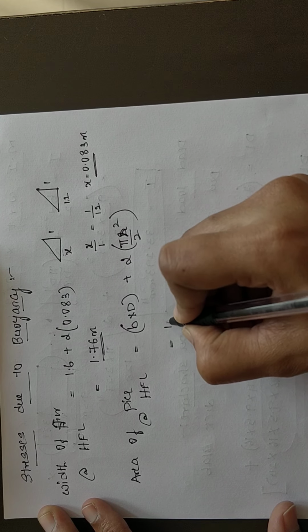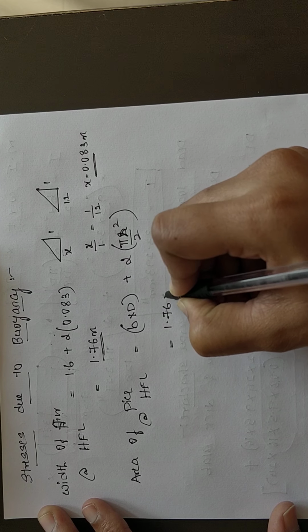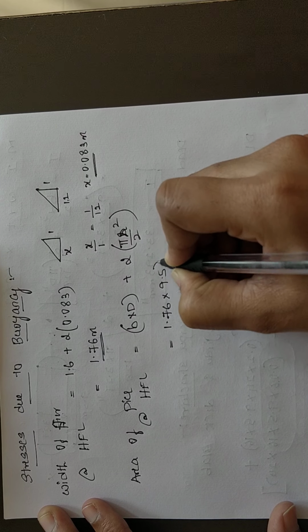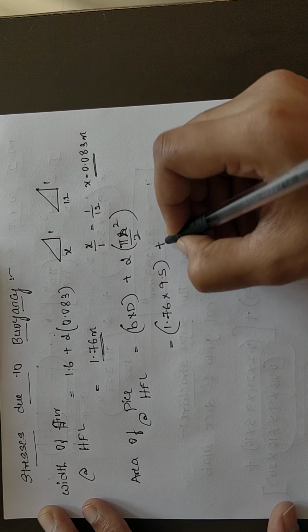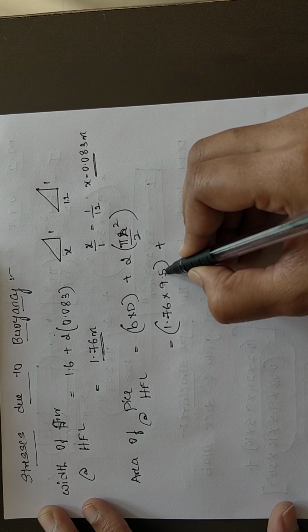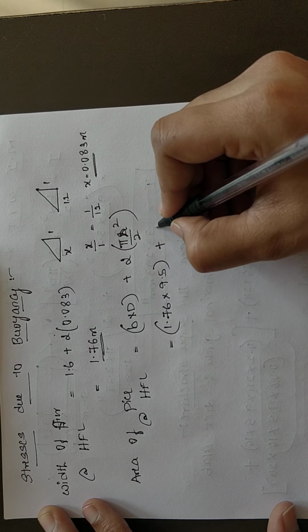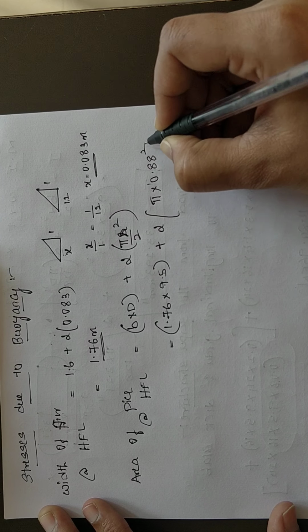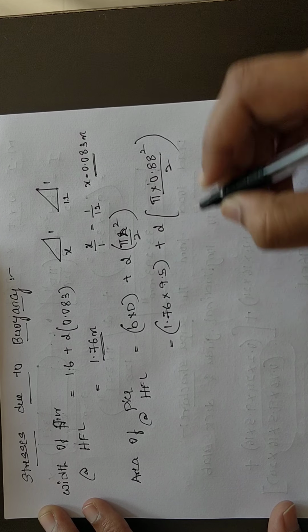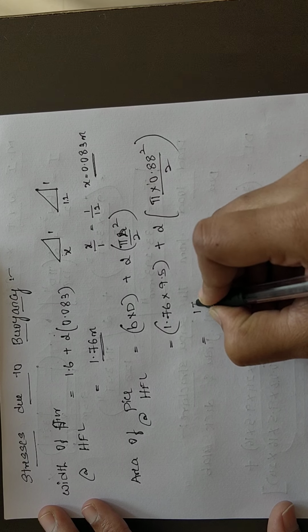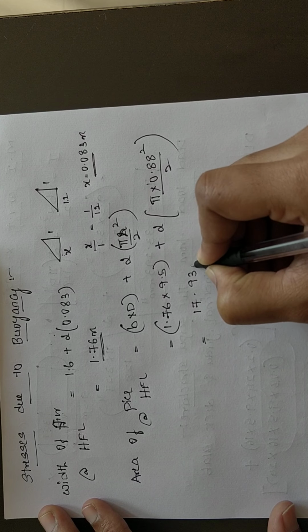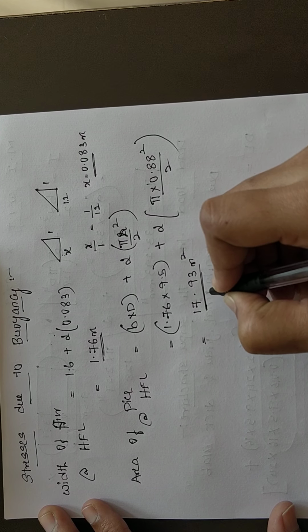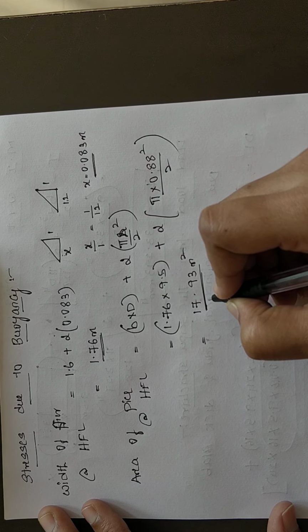B value is 1.76. The depth is 9.5, plus pi into r square, where r is 1.76 divided by 2, that is 0.88 square, divided by 2. You will get 17.93 meter square. This is the area of the pier at HFL.